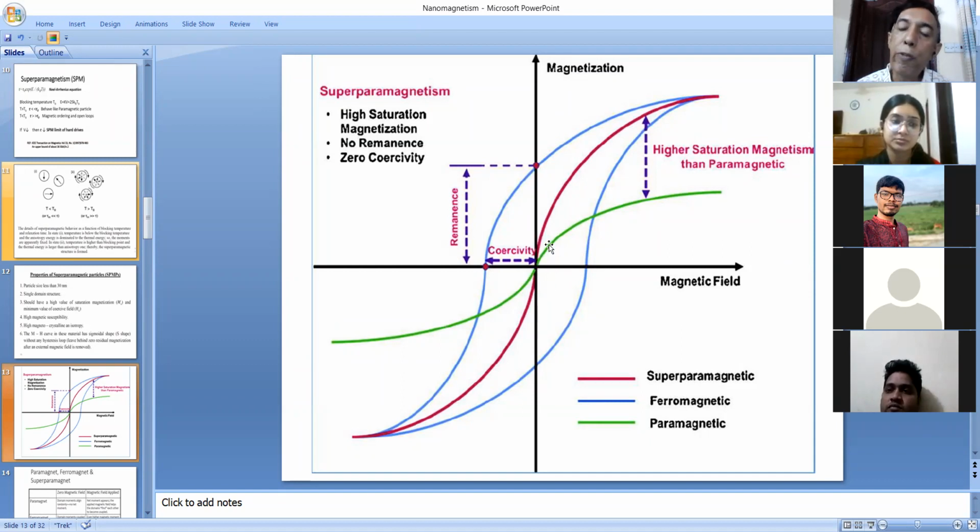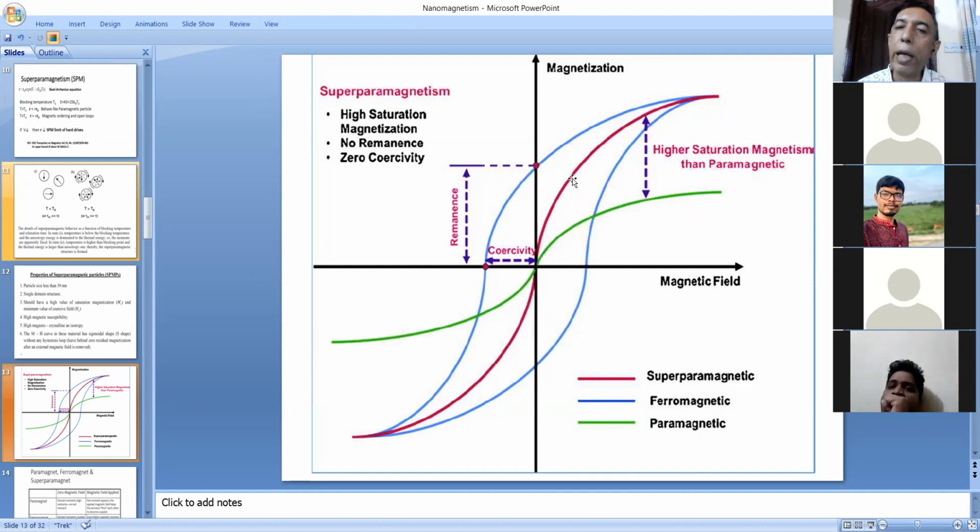So what is the difference between this green curve and this red curve? In the red curve, you will get a high saturation magnetization, but in the green curve, you will get a low saturation magnetization.